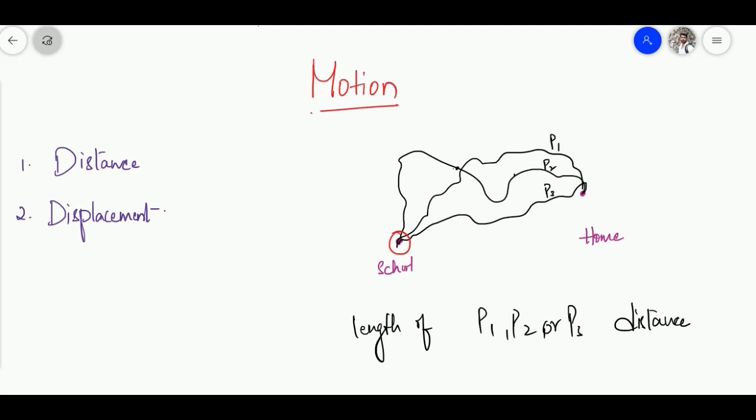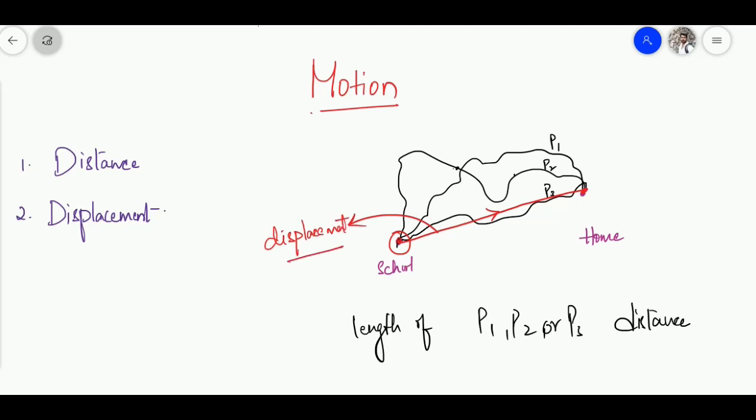So you directly move towards your home. This red color path could be the shortest path between your school and home, isn't it? This shortest path is called displacement. The length of this shortest path is called displacement.